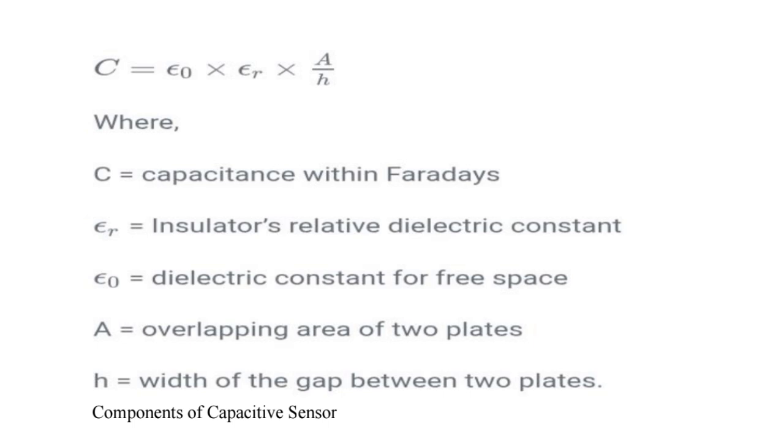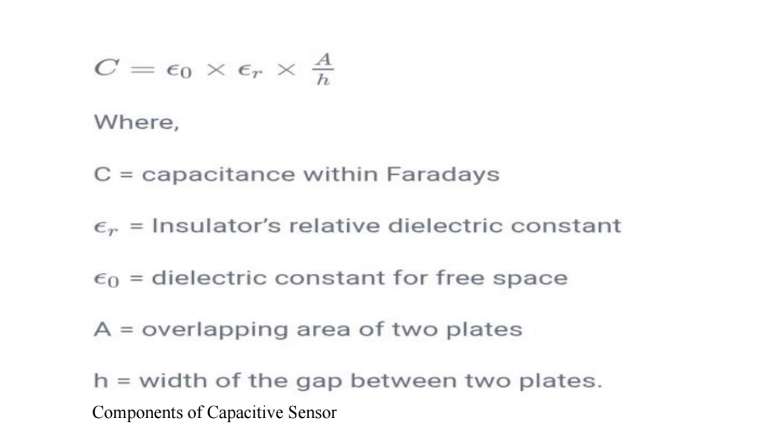The main formula involved is epsilon naught into epsilon r into A divided by h. Epsilon r is the relative dielectric constant, which varies depending on the material. For example, different materials will have different dielectric constants, and it also depends on where you are keeping that metal.